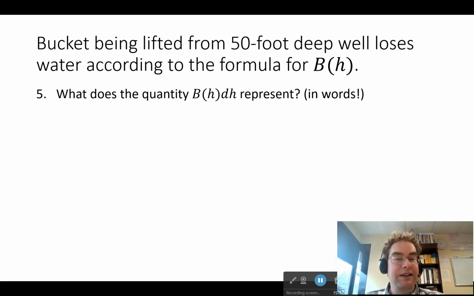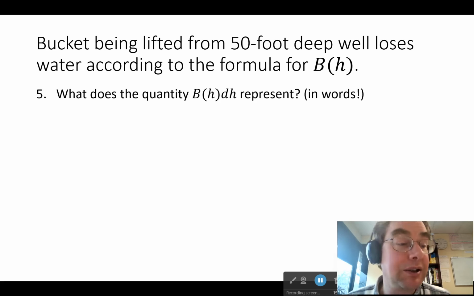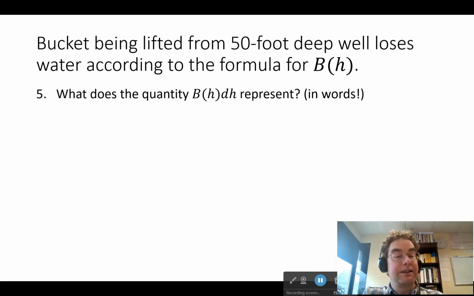So what this quantity represents, and this is the one that we are going to be most interested in for our purposes, this is a differential, the differential of work. So this is the differential of work.